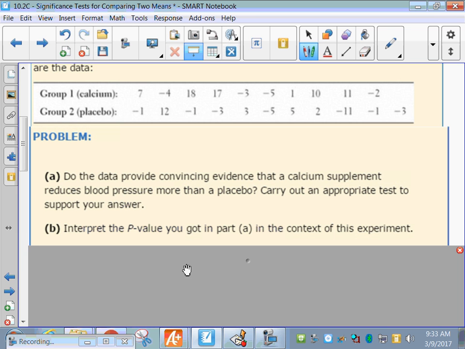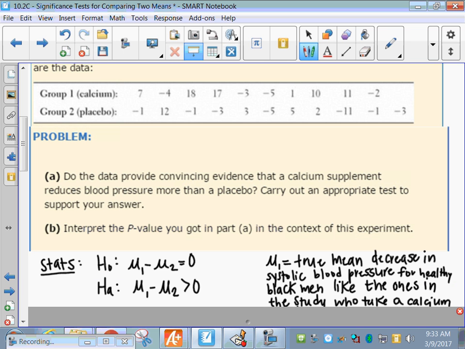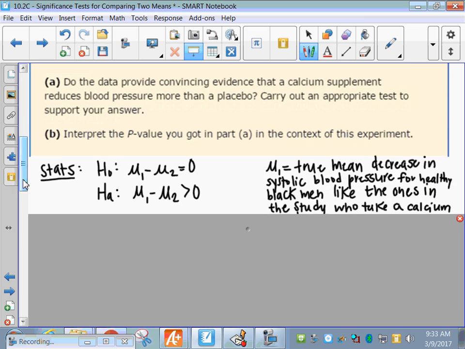So our state, we identify our mu's, right? What we assume the true mean to be, and we need our null hypothesis and our alternate hypothesis. So mu1, be careful what you define as what and how you set up your alternate hypothesis, right? On this one, mu1 is the true mean decrease in systolic blood pressure for healthy black men like the ones in the study.